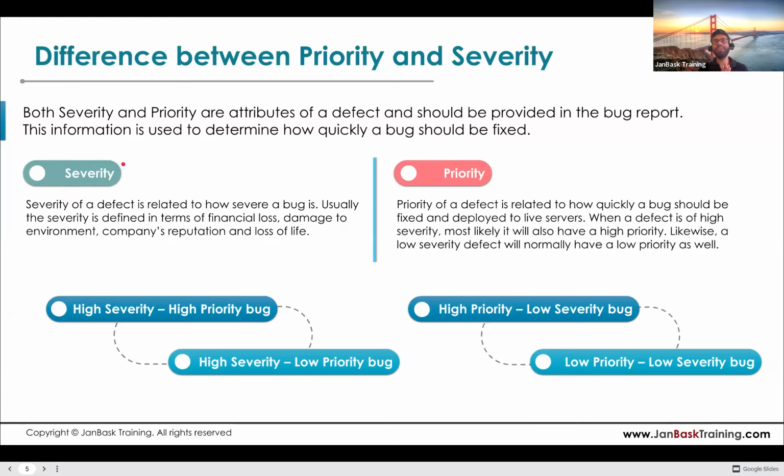Severity is basically how severe that bug is, or how much that bug is affecting the functionality of the system, of the application. Now, suppose the logo is present here, but there is a spelling mistake.